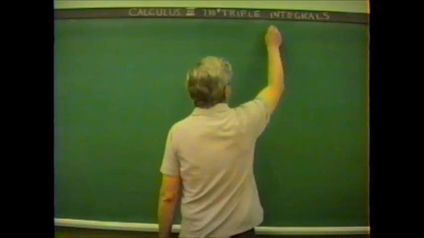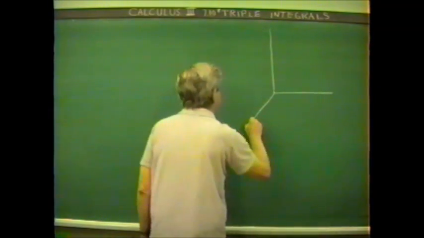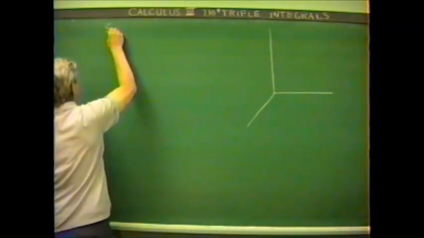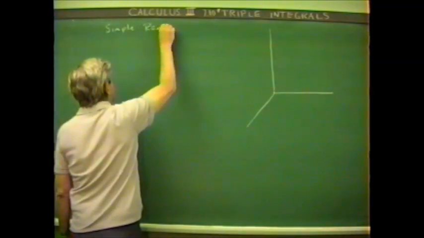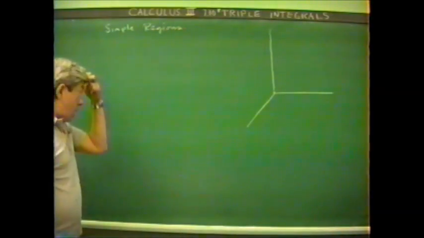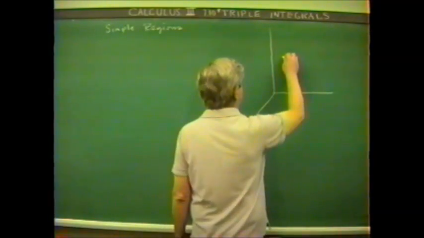We'll take a look at how to evaluate triple integrals. For this purpose, one frequently divides things up into simple regions. There are essentially 6 different ways to go about this, as will become apparent.